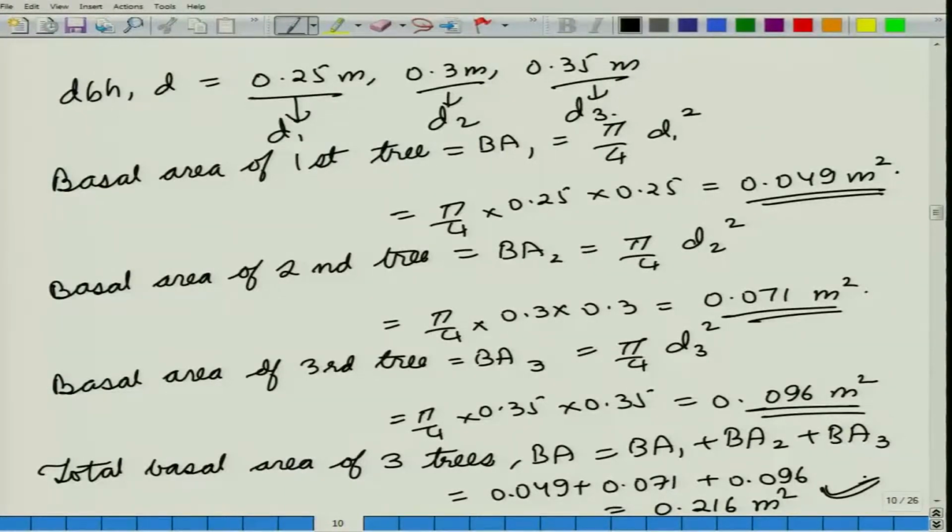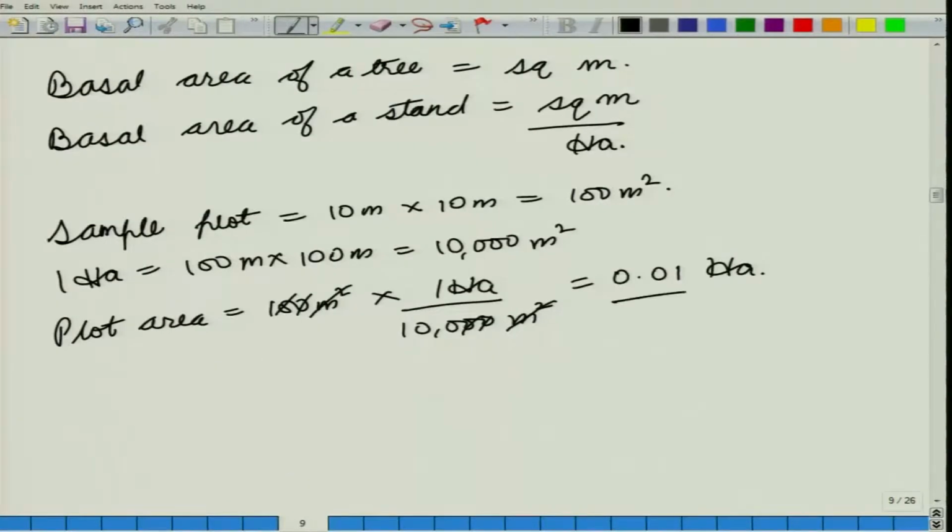This is the basal area of all the three trees. Now as we have seen in the previous page, we have calculated the plot area, that is 0.01 hectares.